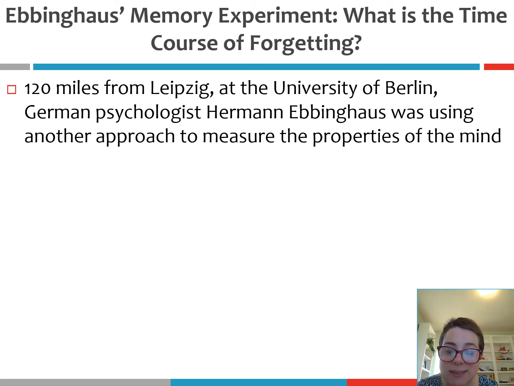So remember we talked about Francis Donders and how he used his reaction time experiments to make inferences about mental processes, in this case decision making. Well, Ebbinghaus was also looking at behavior as a means to make inferences about a mental process, but in this case he was inferring something about memory.